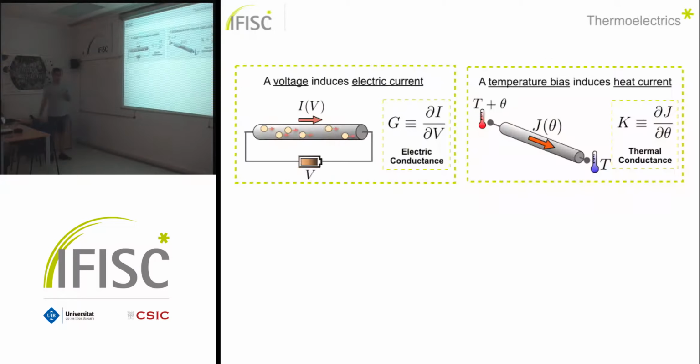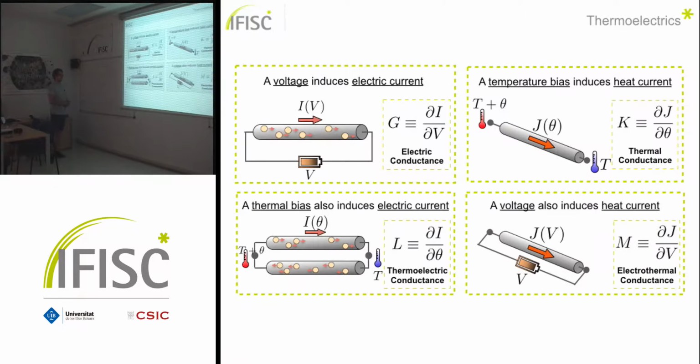Thermoelectrics. Well, we know that if we put a battery on a metal, an electric current is induced. And additionally, if we heat one side of a metal, a heat current occurs in the metal.